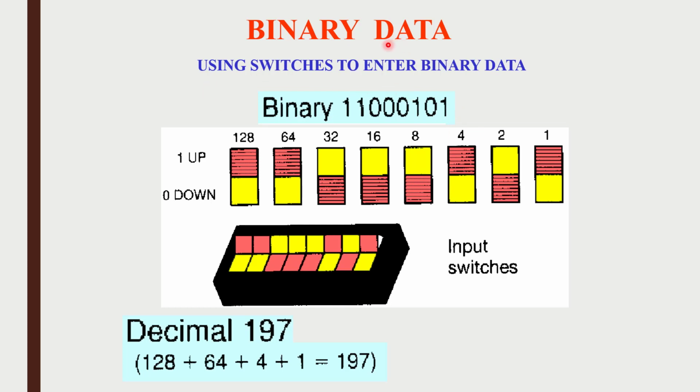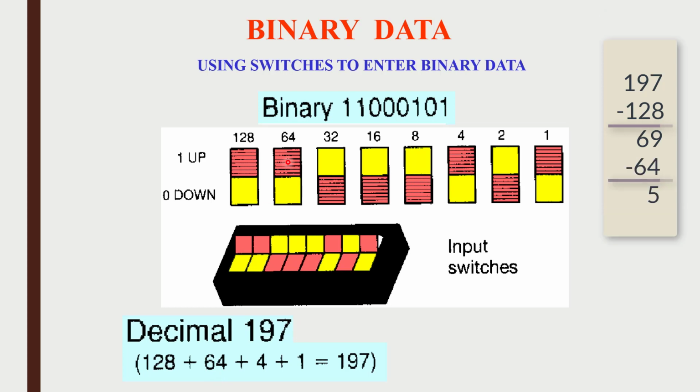So how did we do that? Well, in this number, 197, do I have any 128s? Yes, I do. So I'm going to flip that up to yes, and I've got a 1 here. Now I take 128, subtract it from 197, and with that remainder, will 64 go into it? Yes.